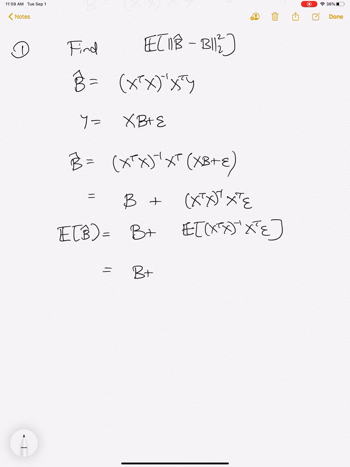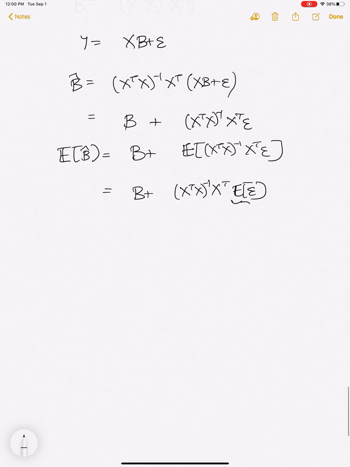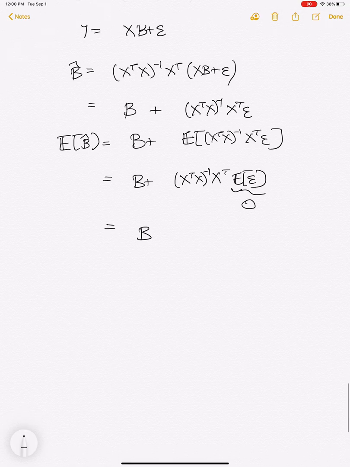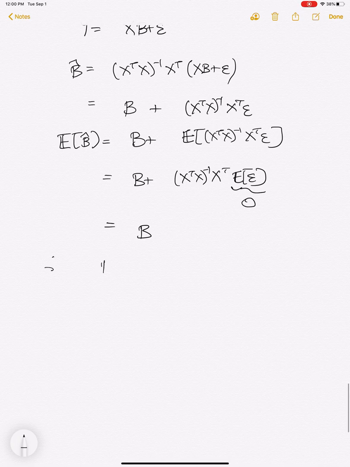This is just b plus, and the only randomness here is in the noise. Because expectation is a linear operator, we can just take it inside. We know that this expectation is 0 because it's noise by definition. So we have that the expectation of b hat equals b. Therefore b hat is unbiased.